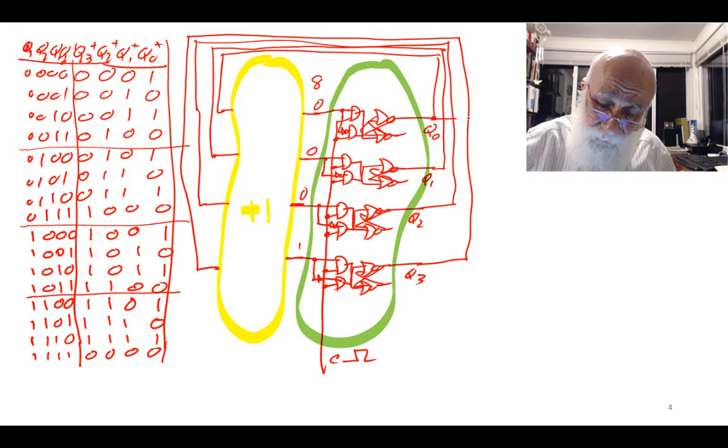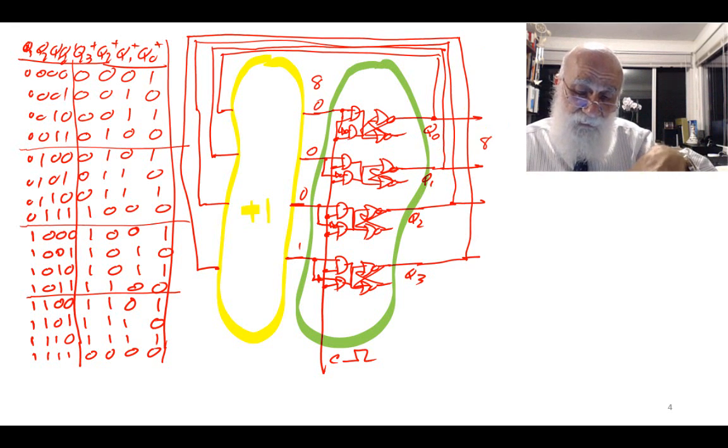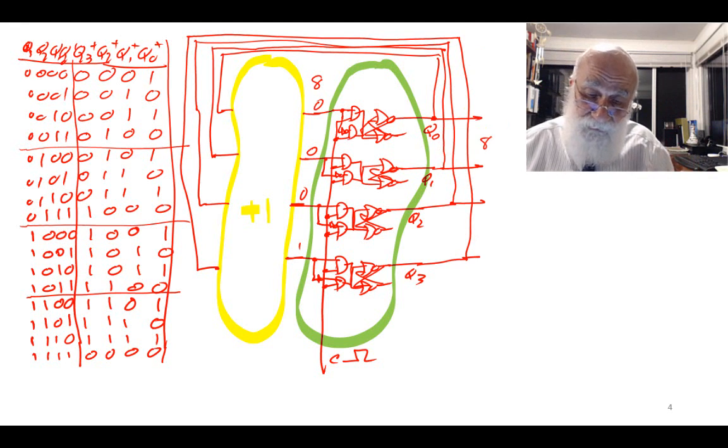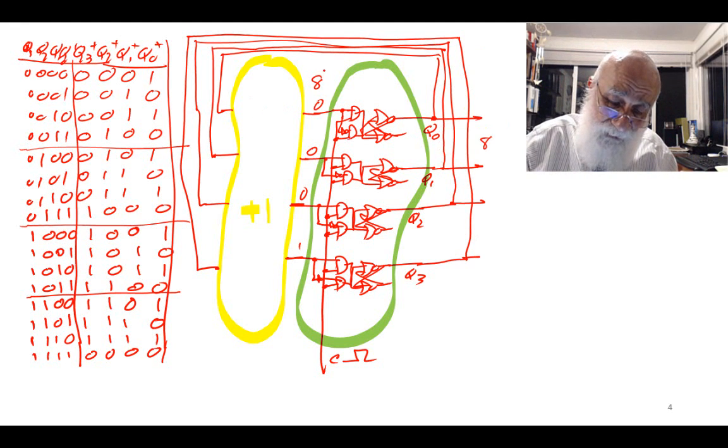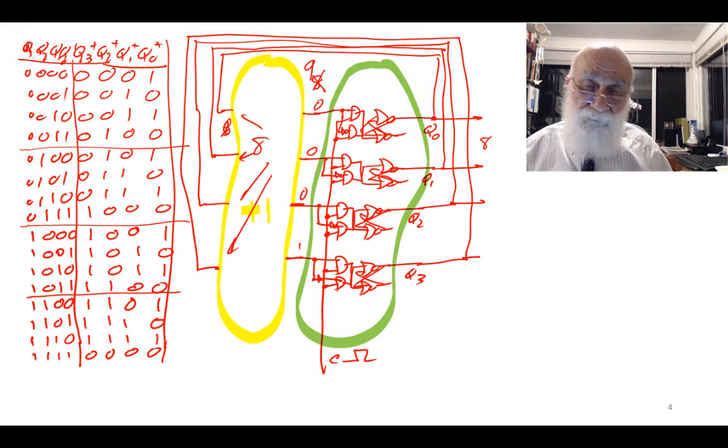And then the 8 that was sitting here on these outputs is going to feed back through the yellow part of the circuit, which is the incrementer, and therefore that becomes 9. Okay, so 8 comes here on these inputs. It's incremented, it becomes 9.